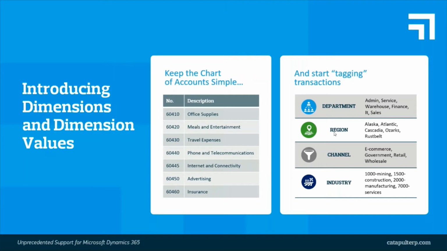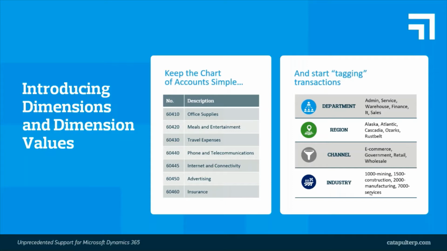But you might also want to segment or track, let's say, transactions against regions. So if you're expending marketing costs and you want to see which focus regions you're spending the most on, maybe you want to tag it with a region code. Or maybe you have different sales channels for selling your products or your services. Maybe you service wholesale customers and retail customers, and you want to track those in their own fashion as well.